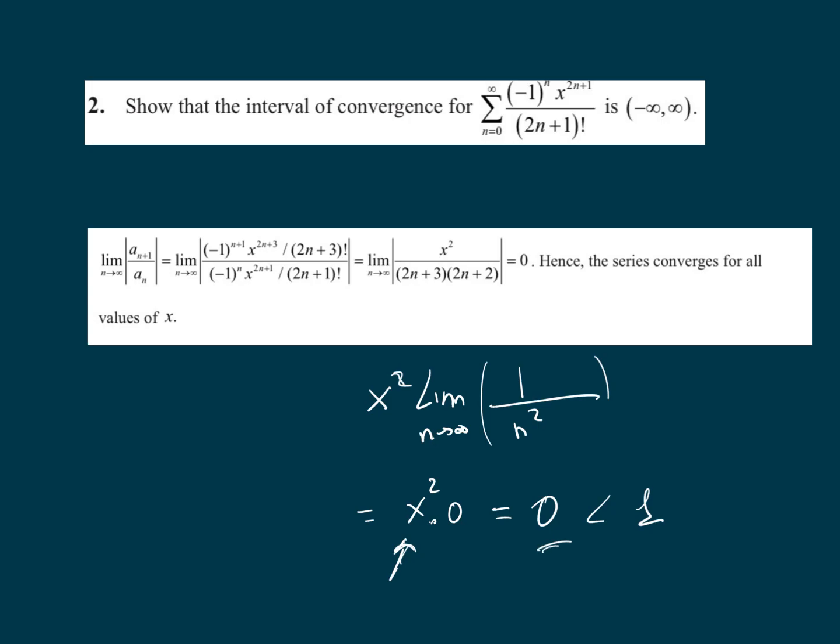But 0 is less than 1. So the limit is less than 1, and the series converges for all x, because whatever you put in for x, it will be 0, less than 1. So it will converge for all x, including x equals 0. For x equals 0, it converges to 0.